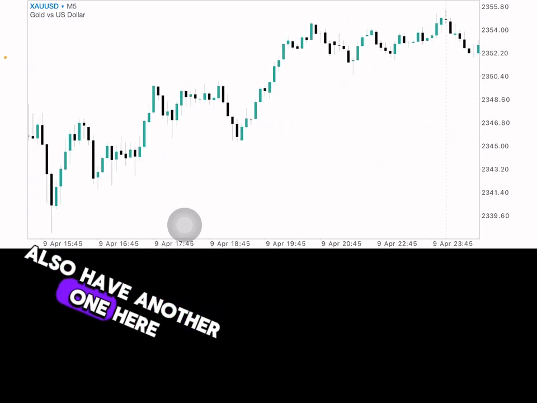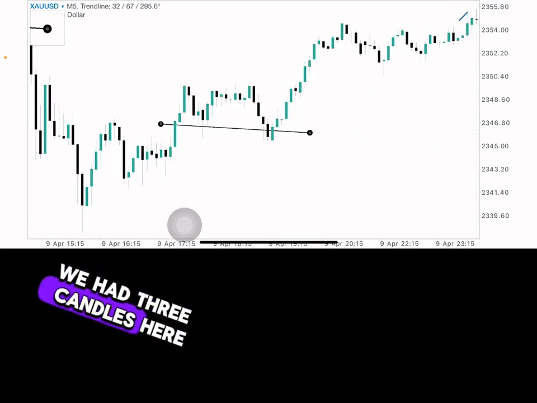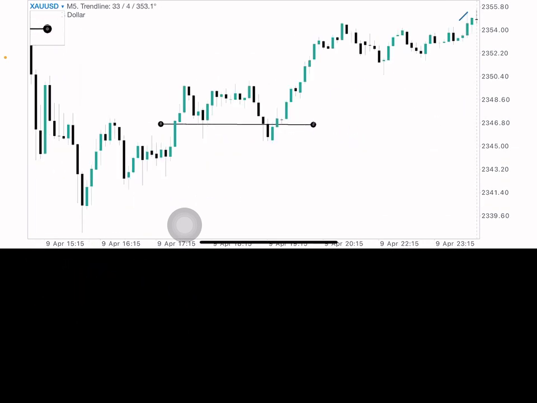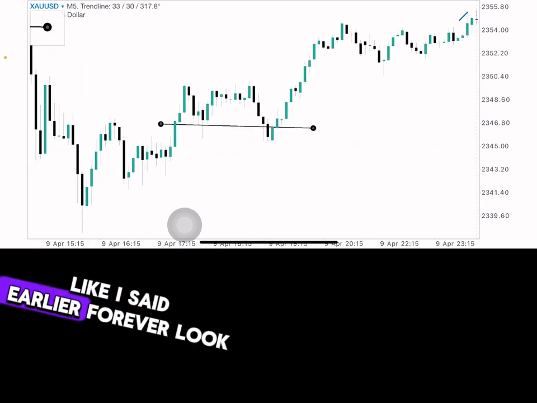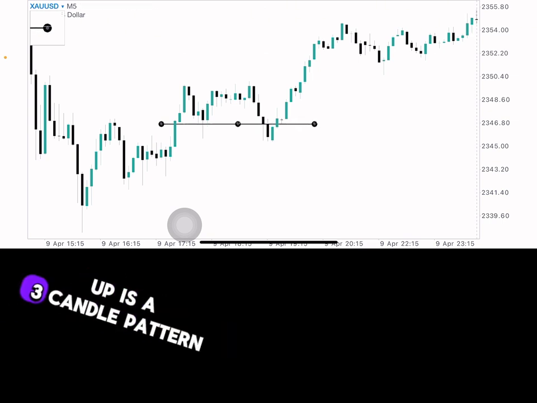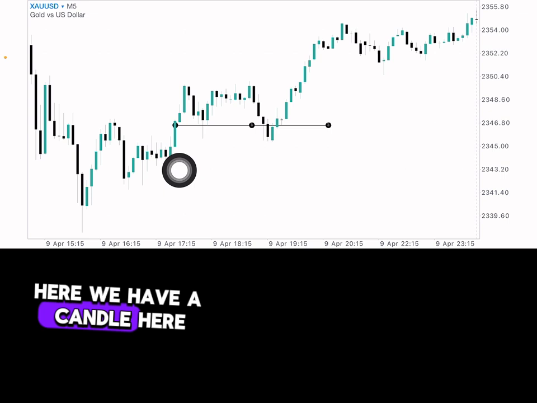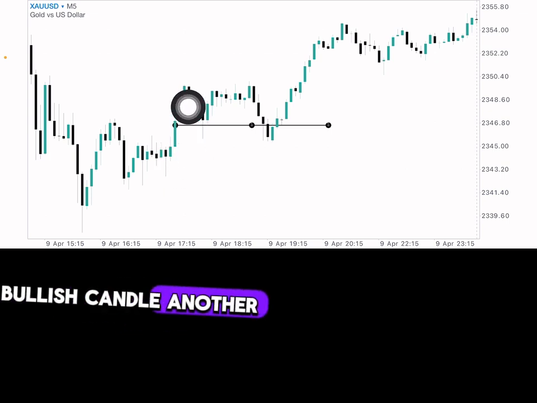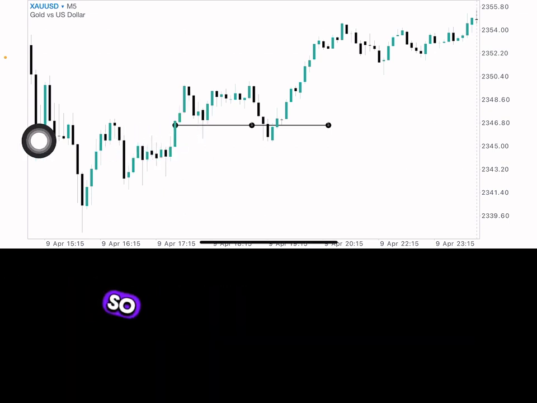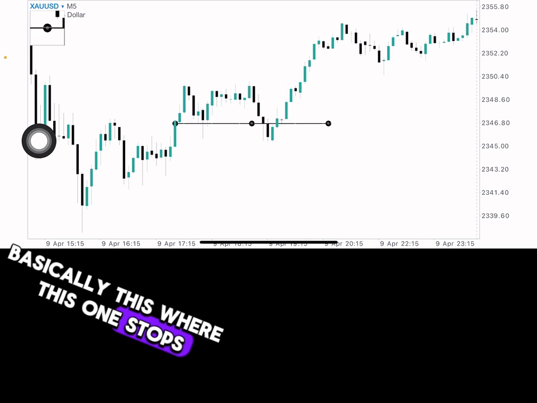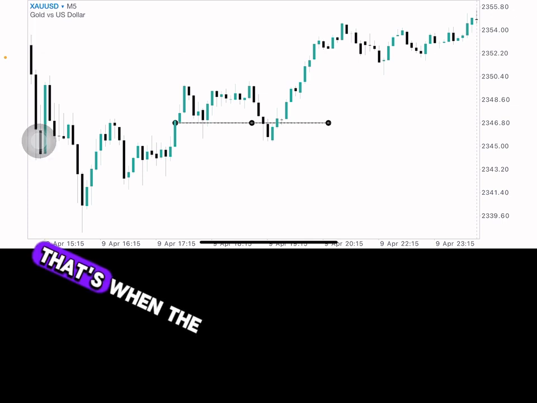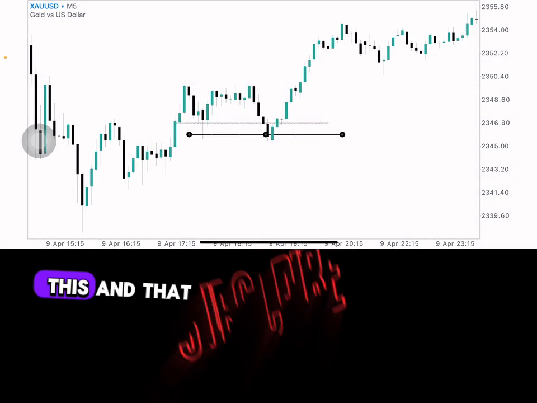We also have another one here. So we had 3 candles here. Like I said earlier, fair value gap is a 3 candle pattern. So here we have a bullish candle, we have another bullish candle, and another one here. So basically this is where this one stops. That's where the new one started. This is another one.